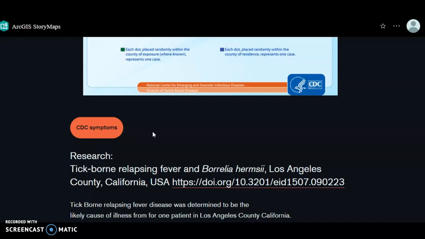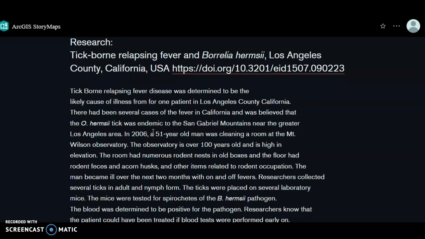Signs of rodents: acorn husks, pine cone husks, droppings, rat nests, squirrel nests. These things all have potential to have the tick in the area, especially if there's no current signs of it. The ticks could still be there. Current meaning they're actively nesting in there.